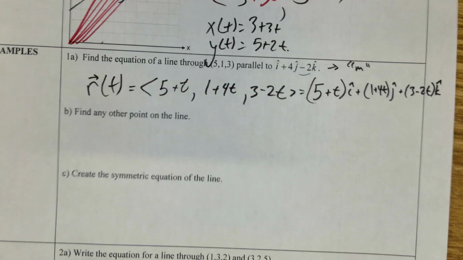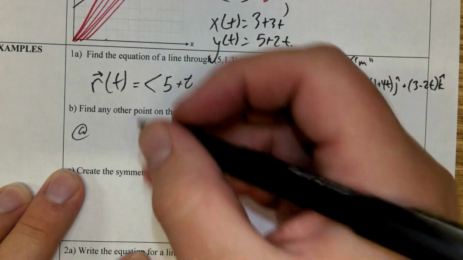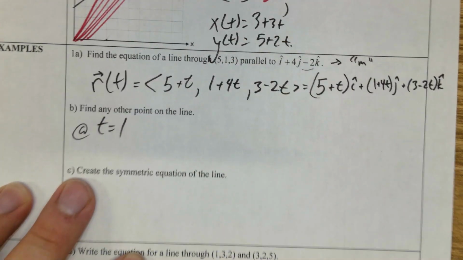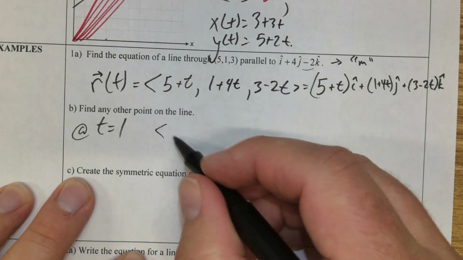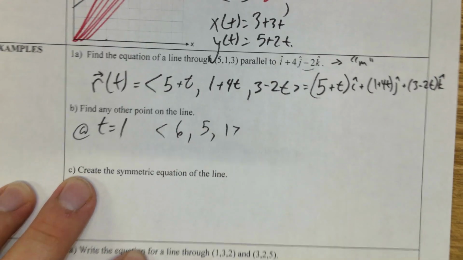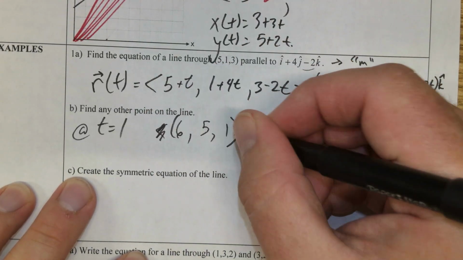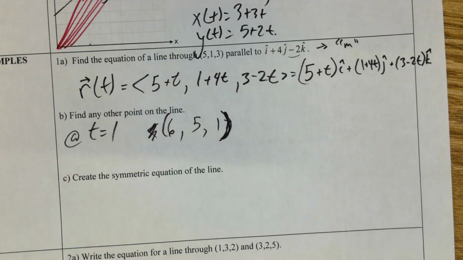So I'm just going to choose a new t value to find a new point. If I plug in t is 1, it's just plug, plug, plug. 5 plus 1 is 6. 1 plus 4 is 5. 3 minus 2 is 1. That's not a vector, that's a point. I don't know why I made it a vector. But that's another point on the line.